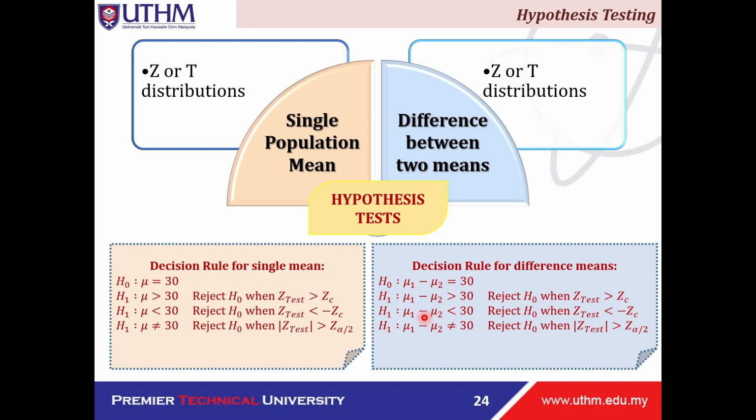The second choice is mu1 minus mu2 less than 30. This is the left tail, and we reject H0 when the Z test is less than negative of Z critical. Or mu1 minus mu2 not equal to 30, then we reject H0 when the magnitude of the Z test is greater than Z alpha over 2. Similarly, the Z test can be replaced by the T distribution.